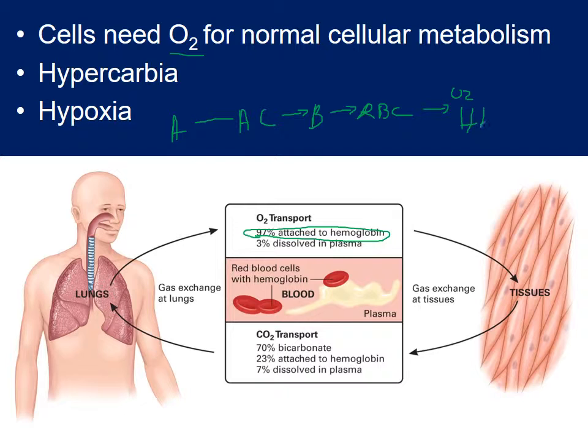And on the hemoglobin, that's where oxygen is carried in the blood, and then once it gets to the tissues that are lacking oxygen, this will pop off and diffuse, of course, out into the tissues. But most of it, 97%, is attached to hemoglobin.